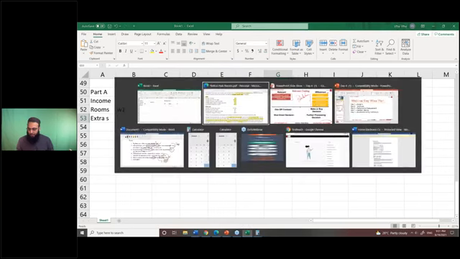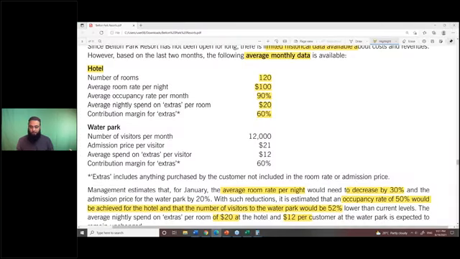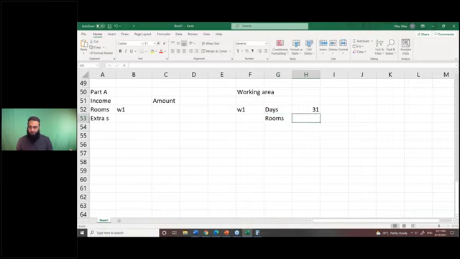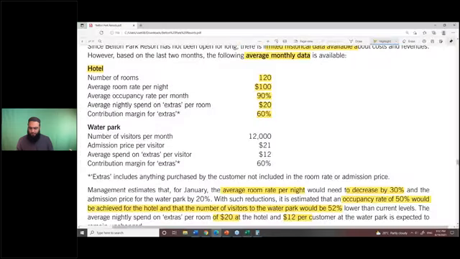How many rooms do we have? 120 rooms we have. So today is all hotel day. So total availability is how much? 200 into 31 is 6,200. Now, sorry, it's 120.